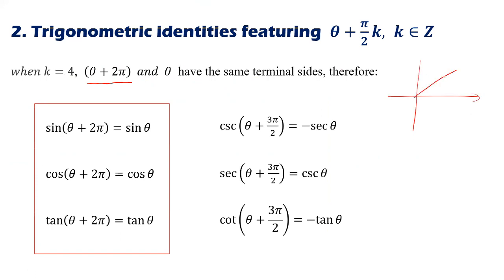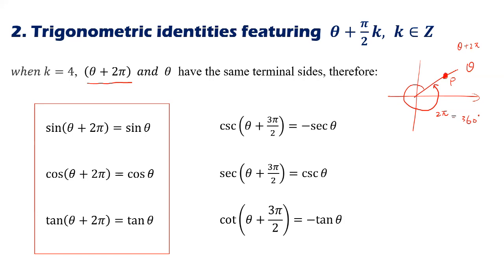For example, if theta is here, theta plus 2 pi is simply turning theta counterclockwise another 2 pi. Note that 2 pi is actually 360 degrees. So after you turn this angle another 360 counterclockwise, theta plus 2 pi has the same terminal side as theta. So if you find a point P on theta, point P must be on theta plus 2 pi as well.